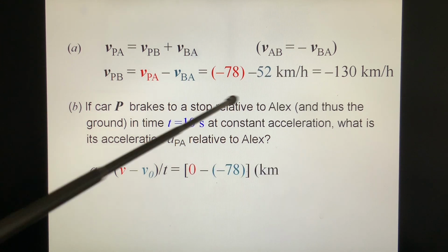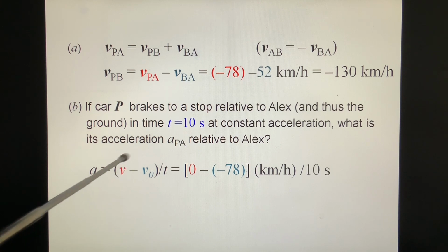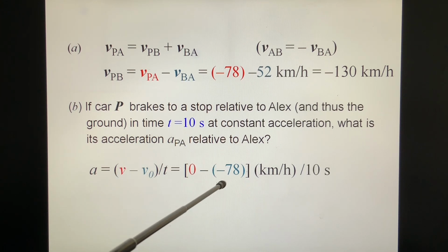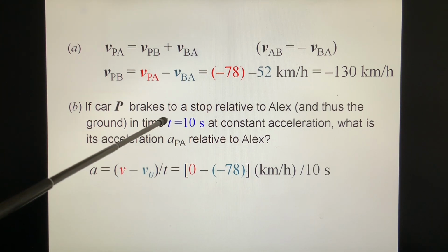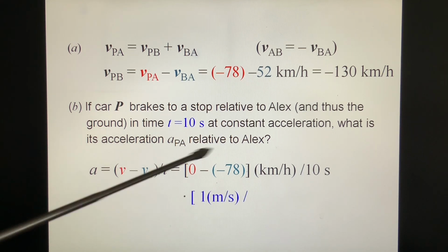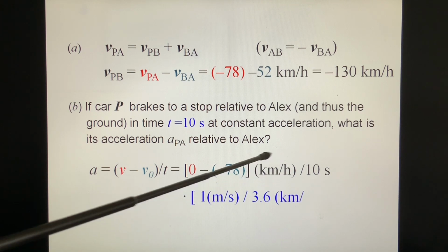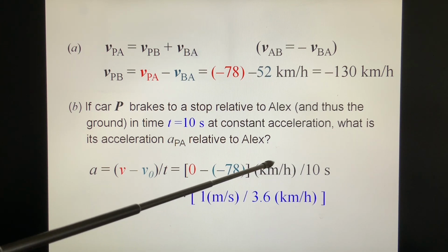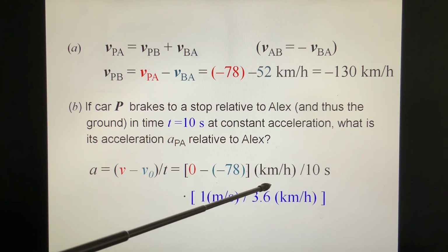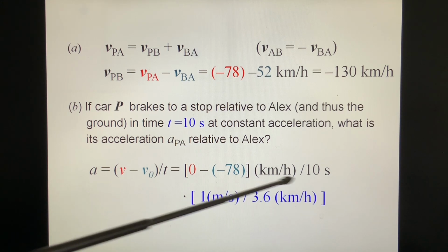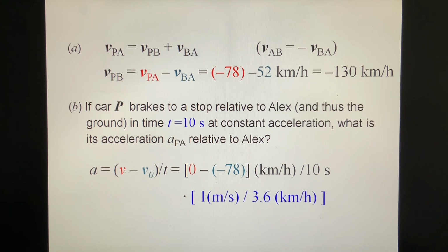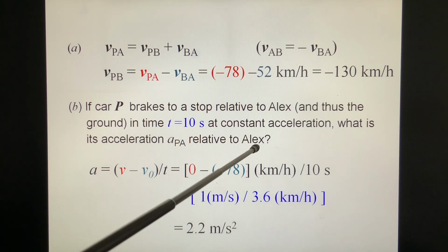In this case, it stops, so v is 0. Originally, it's minus 78, divided by 10 seconds. So we get this acceleration. And notice that this is not a standard unit. You have to convert it to meters per second. We have a conversion factor, so finally we get 2.2 meters per second squared. This is for Alex.